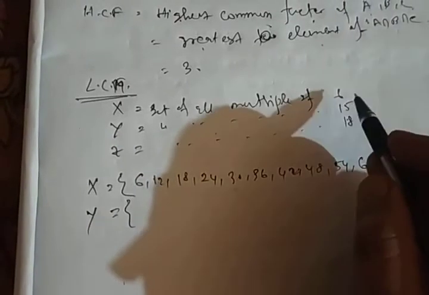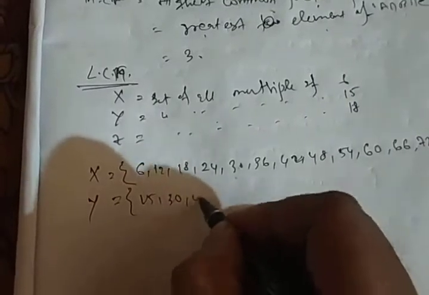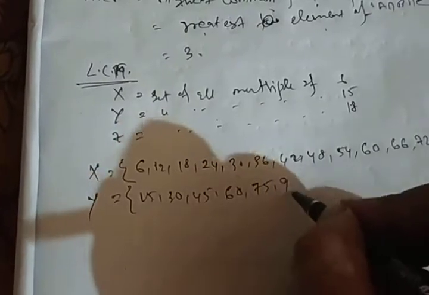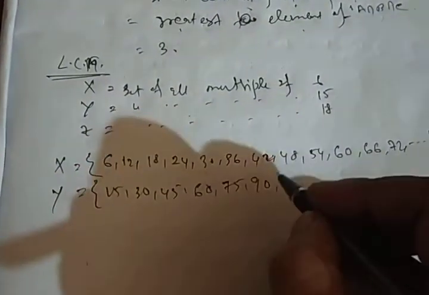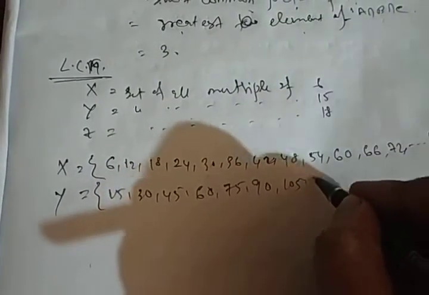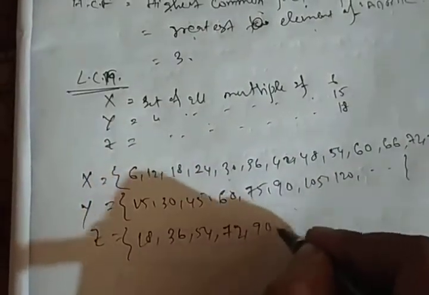Y will be the multiples of 15, which are 15, 30, 45, 60, 75, 90, 105, 120 and so on. Z equals the multiples of 18, which are 18, 36, 54, 72, 90, 108, and so on.